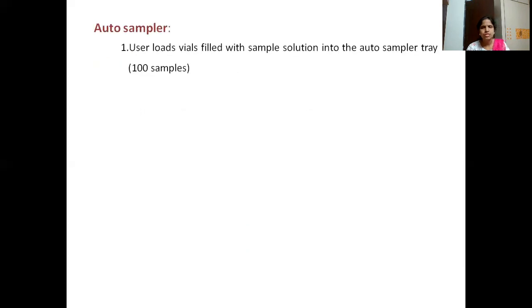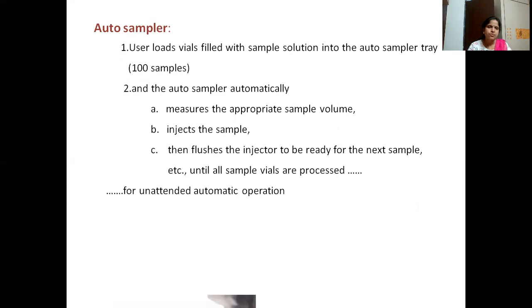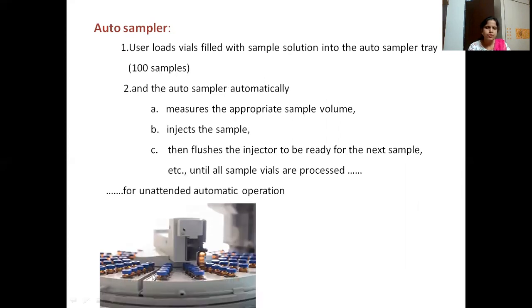If we need the auto sampler method, in the diagram you can see these are the vials. If we have more than 100 samples, we cannot keep injecting with the syringe one at a time. So we have to take those samples and fill them in these vials, and then fix the program in the computer: which vial you want to use, that is, which sample you want to use for the separation first.